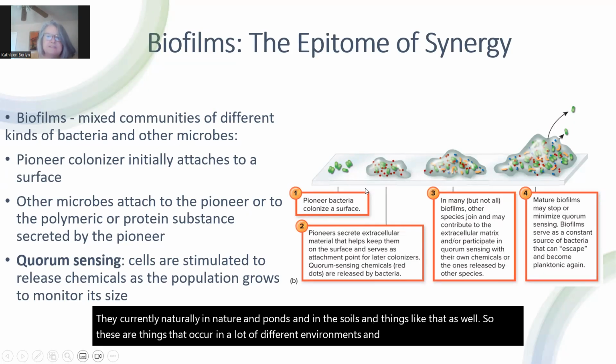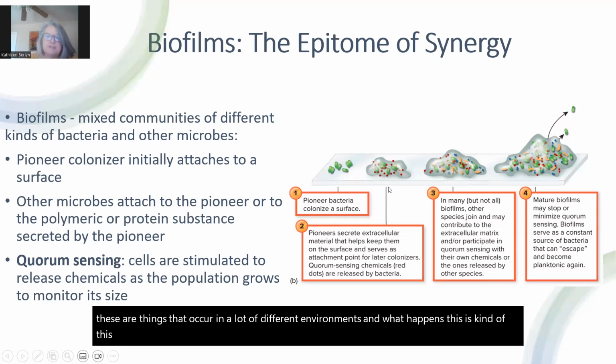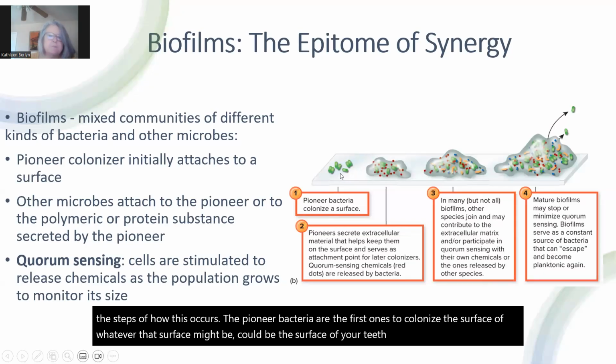And this is kind of the steps of how this occurs. The pioneer bacteria are the first ones to colonize the surface of whatever that surface might be. It could be the surface of your teeth, for example.